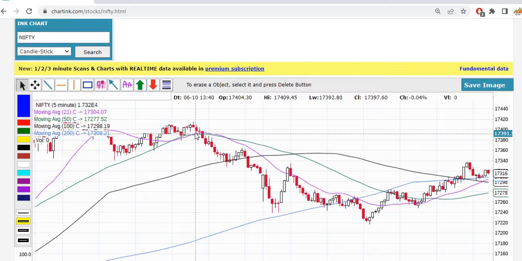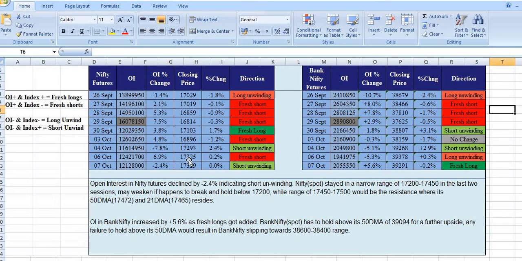For any hedging they use these futures. So if big players take positions in the afternoon session, we have to analyze this. Based on that, even though the index closed marginally positive on Thursday, October 6th, I have taken it as fresh short.